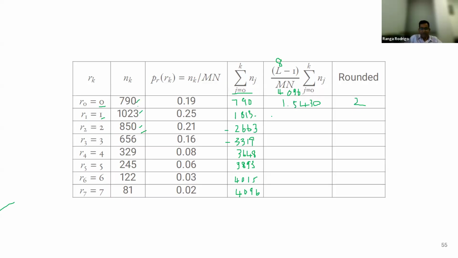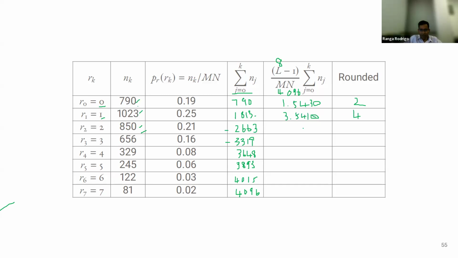Then next value, you have to divide 1813, multiply by 8 and divide by 4096. You get 3.540. When you approximate it, you get 4.